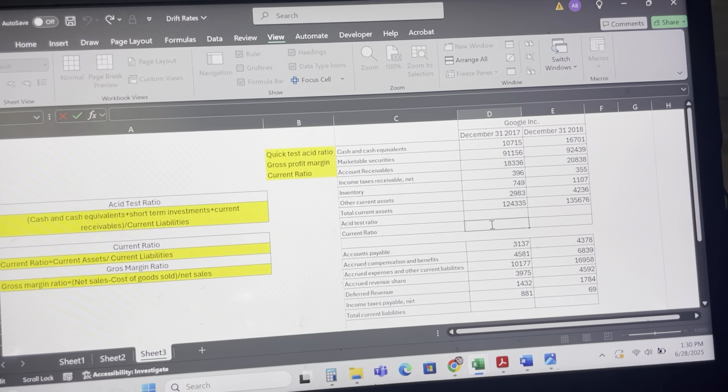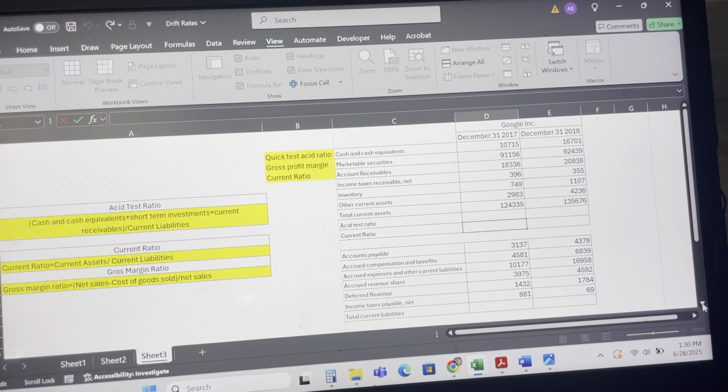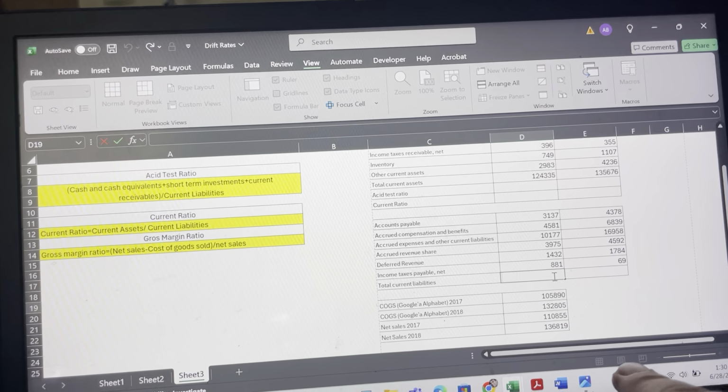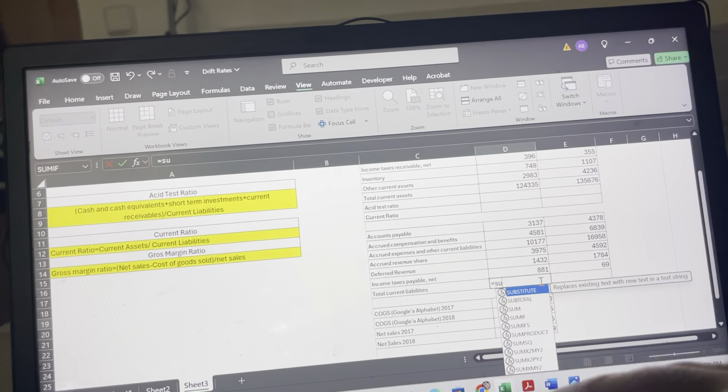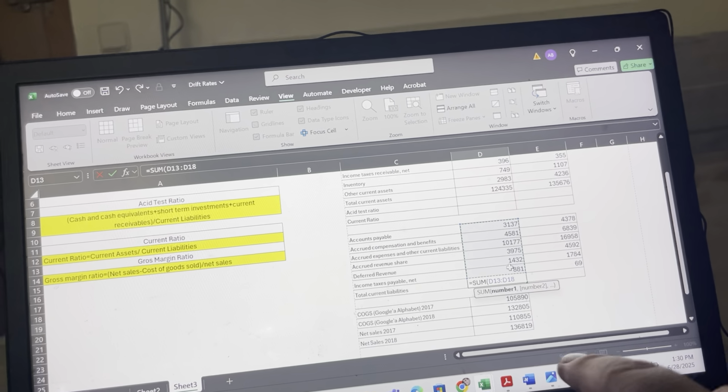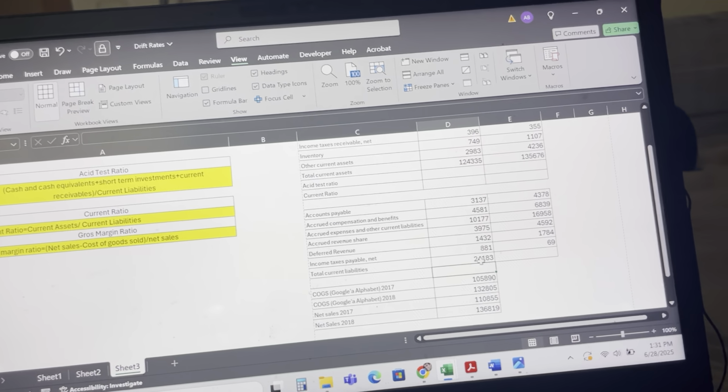And for the current ratio, we need to know first the total current liabilities, and it's the same thing. We need to sum all of this. And then you have total current liabilities.